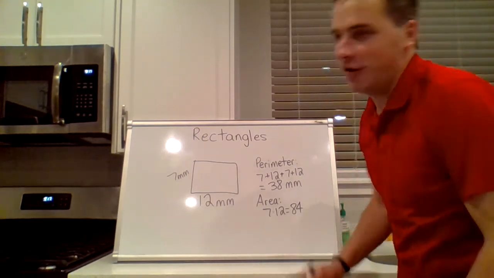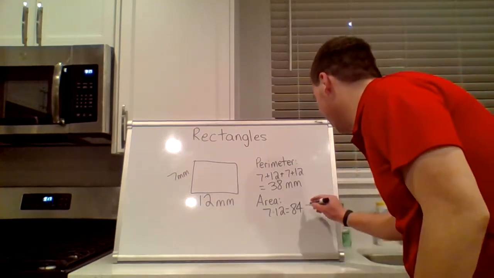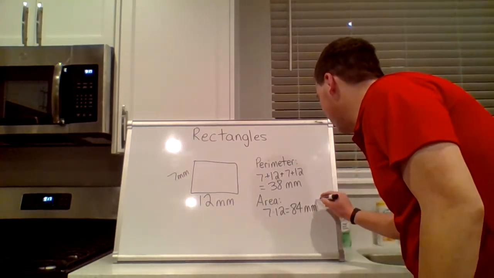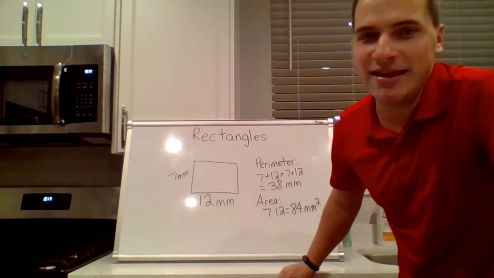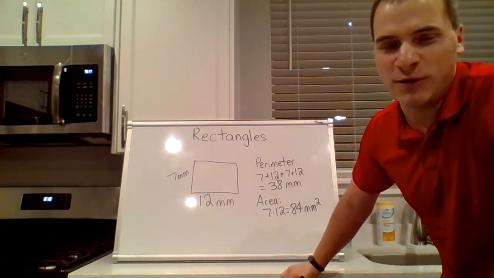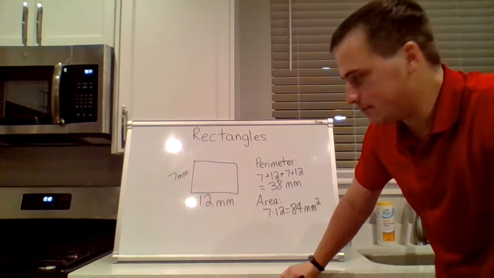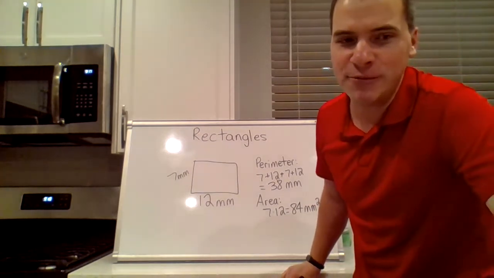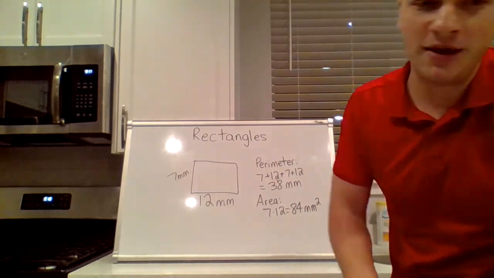Regardless, most of you guys still have phones, I'm sure. Area is in millimeters squared. Now on the assignment, it'll be written as square millimeters. That's more writing, but it's still accurate. Okay, that's how you find the area and perimeter of this simple rectangle.